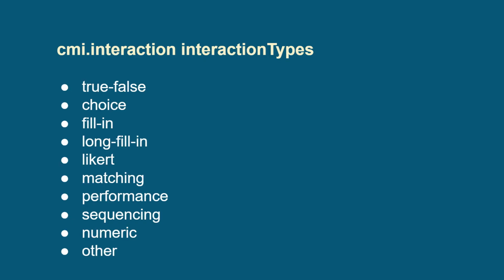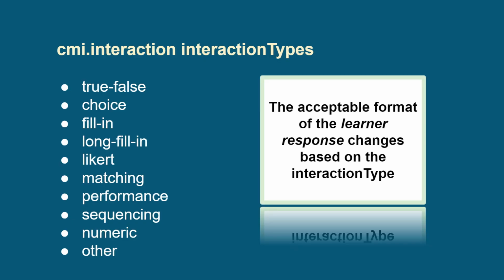These are all the types, and the acceptable format for the learner response changes, as I said before, based on this type. A true-false response, when you're tracking the learner's choice in a true-false question, looks different and has a different format than a multiple choice question, for example.